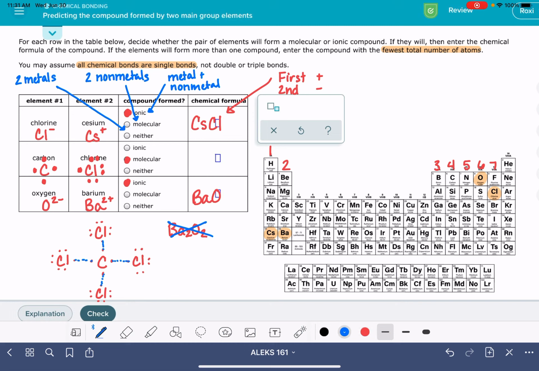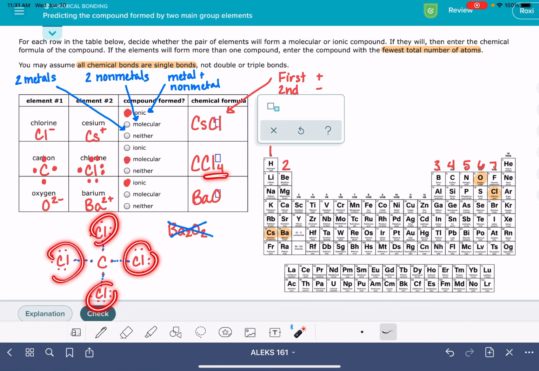So this is the structure that I've come up with. Looking at that structure, I have CCl4. And in terms of how we go about writing these, typically we write the central atom first in the molecular formula, and then we write the outer atoms second in the molecular formula.